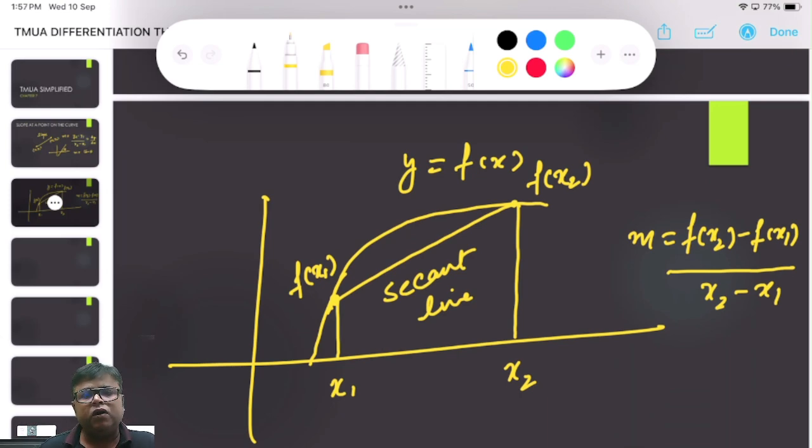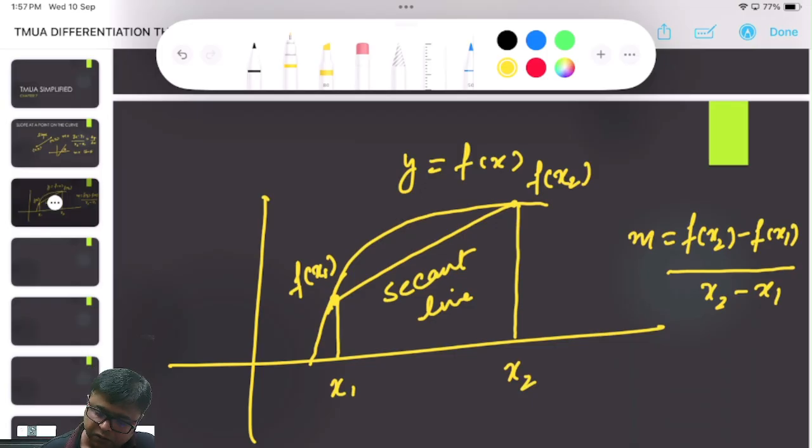Now, since all of us have done a chapter called limits, using that, consider that these 2 points are very close to each other, that means the distance between them is approaching 0.